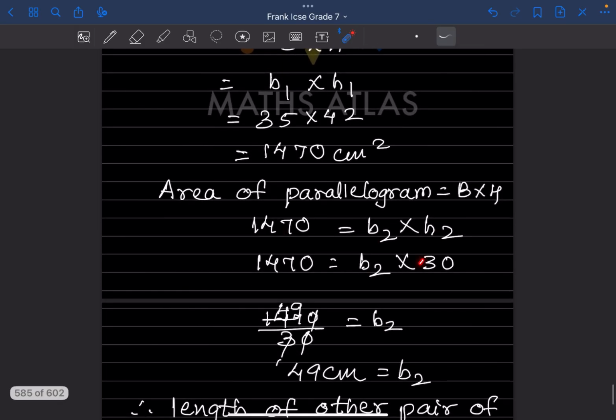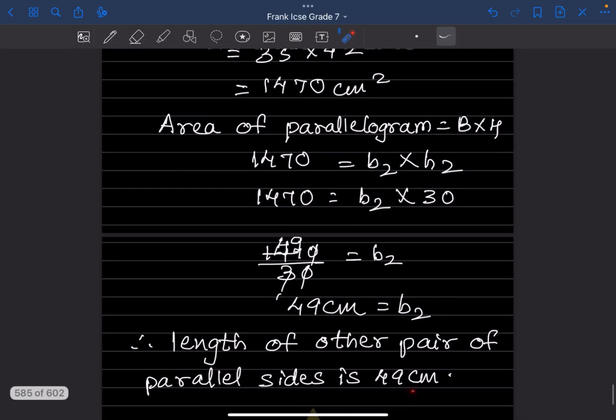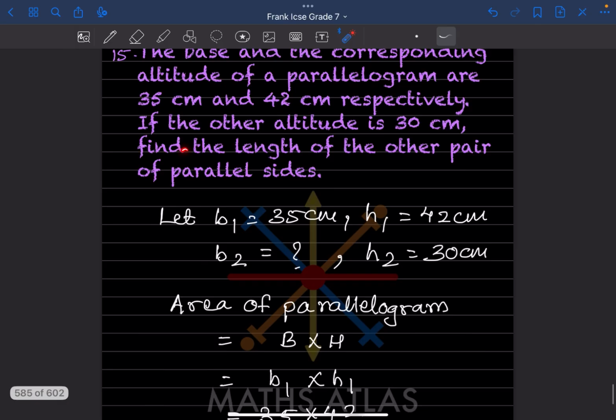Now this 30 we take to the other side, so it goes in the denominator, 1470 over 30 is B2. When you simplify this, it is going to be 49 centimeter, so B2 is 49 centimeter. So the length of the other pair of parallel sides is 49 centimeter. That is what they ask.